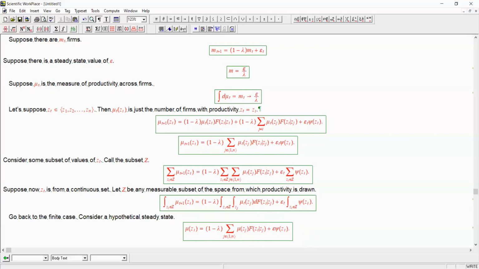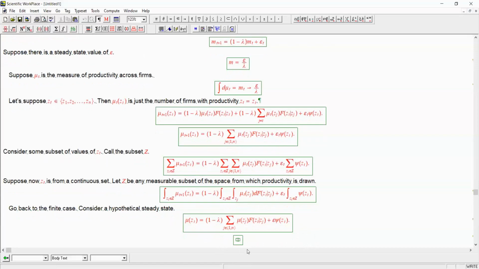And to see that, why don't we realize that just like Zi, or rather Z is a vector, right? There's a finite possible number of values of Z. That means that mu itself is a vector. So rather than writing mu of Z, why don't we just stack mu of Z1, mu of Z2, mu of Z3, and so on top of each other?